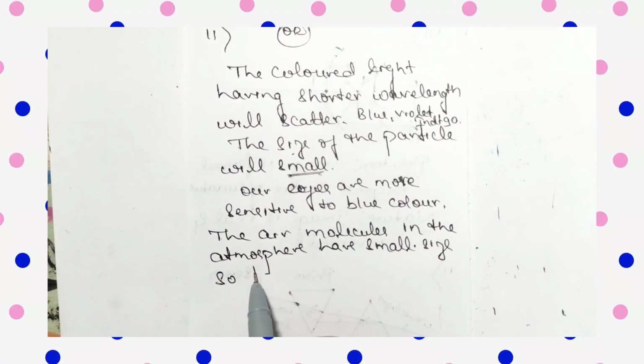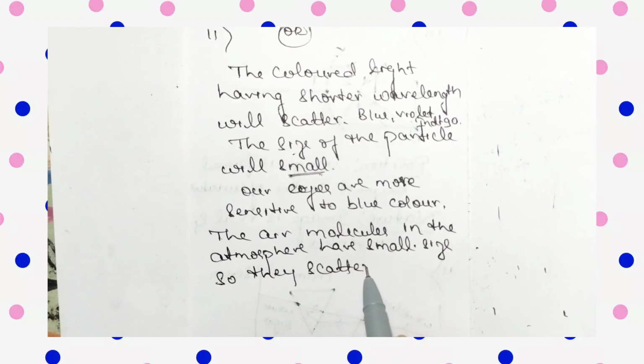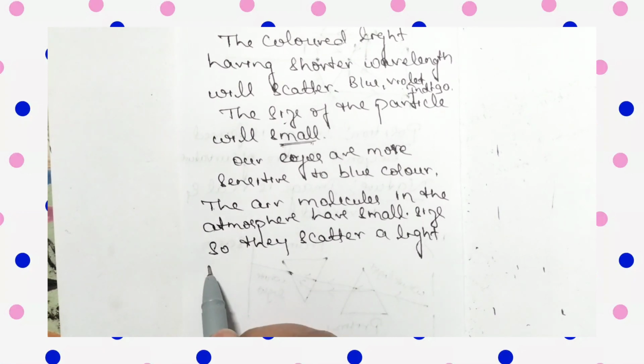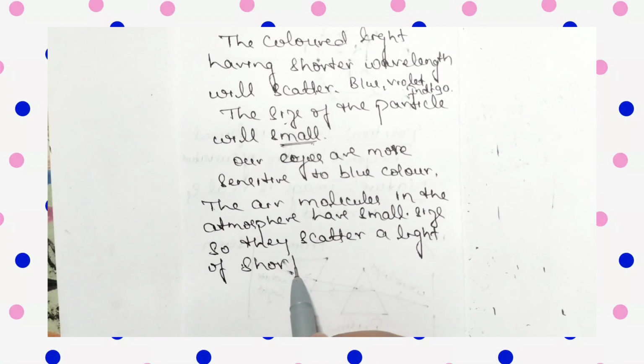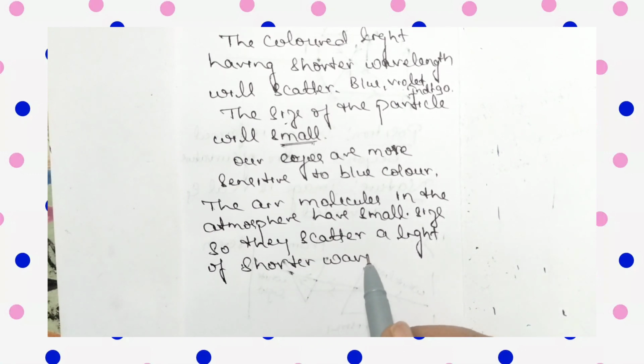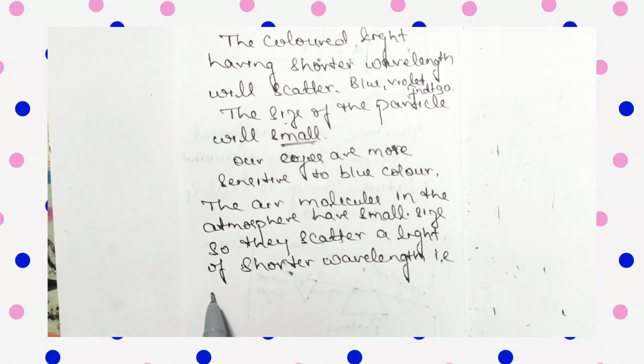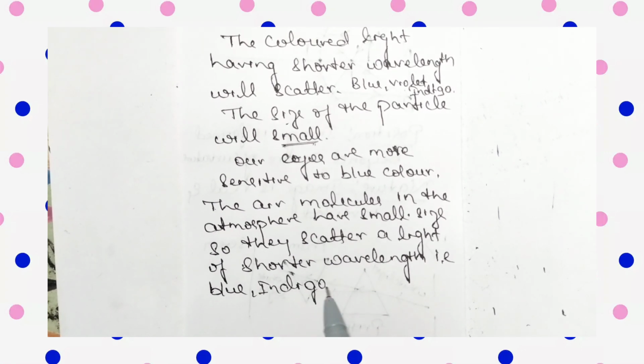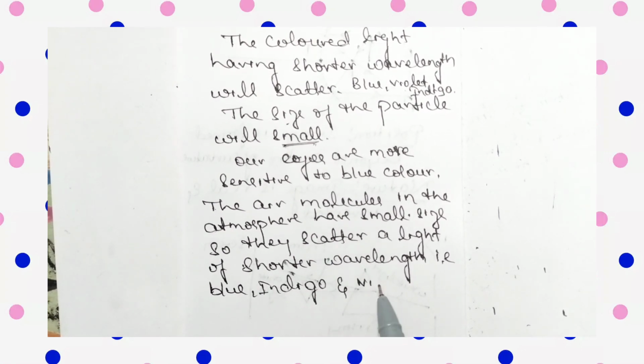so they scatter a light of shorter wavelength, that is blue, indigo and violet. Blue, indigo and violet.